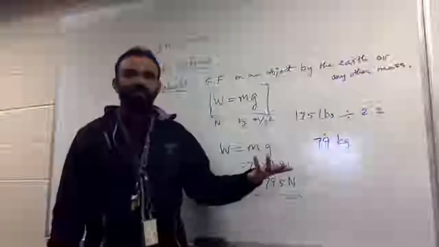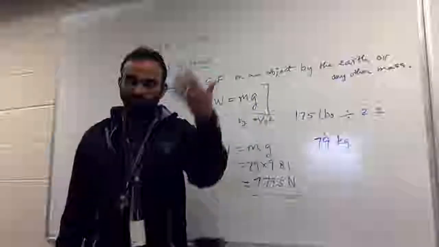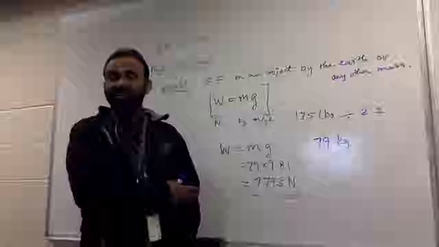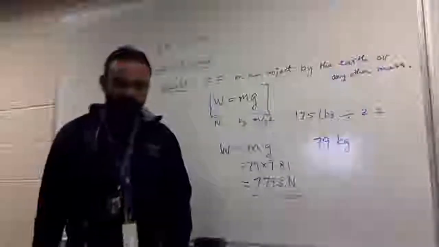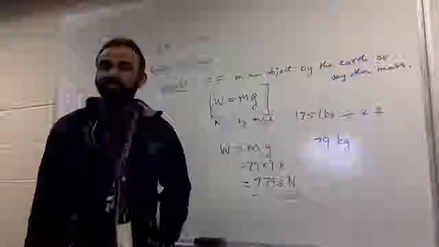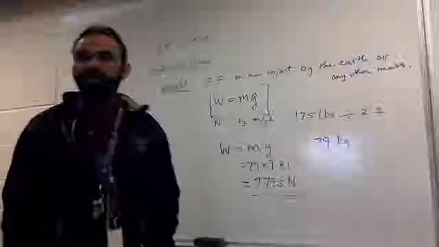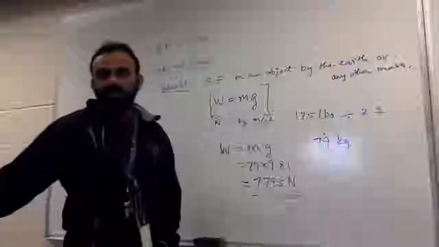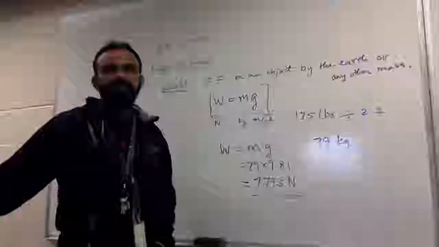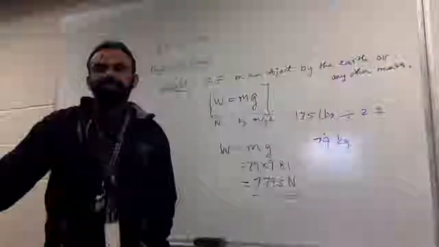So your weight on the moon will be 1/6 of what this is. 780 becomes 1/6 of 780, which is 780 divided by 6. So 130 newtons on the moon, and on different planets it is different.